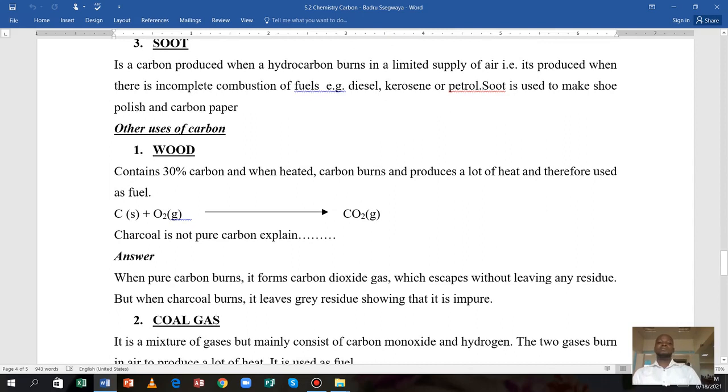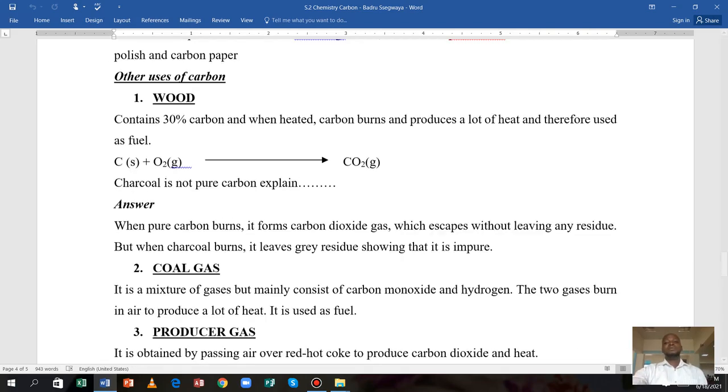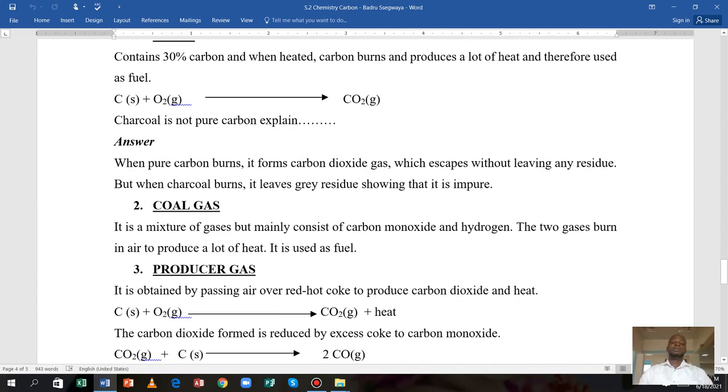Soot is got by burning fuels in limited air, such as diesel, kerosene, petrol, and is used to make shoe polish and carbon paper. Another form of amorphous carbon is coke. Coke is obtained from destructive distillation of coal.